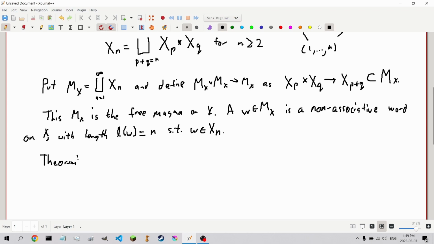Theorem. Let N be a magma and f from X to N a map.